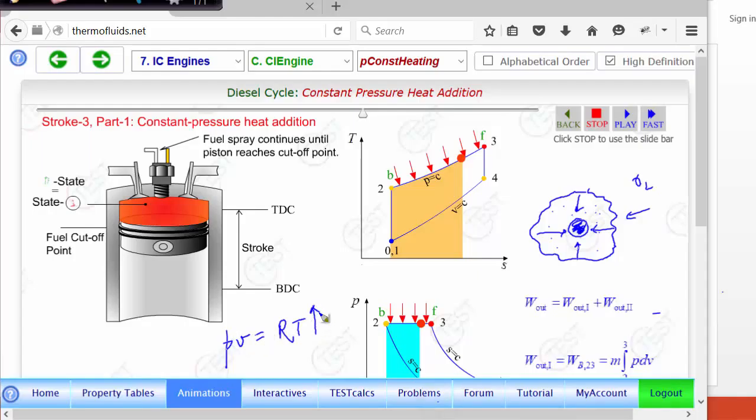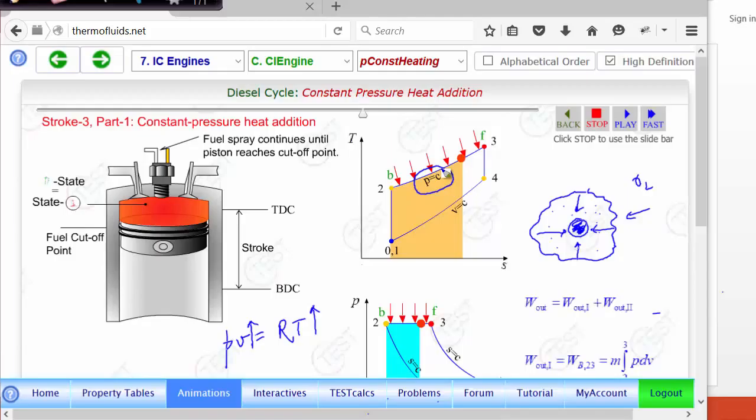Temperature is going up and the volume is increasing, so as a result, pressure somewhat remains constant. It's a good assumption that as the heat addition takes place, pressure remains constant in a diesel cycle. That's an assumption, but it's pretty close to reality.